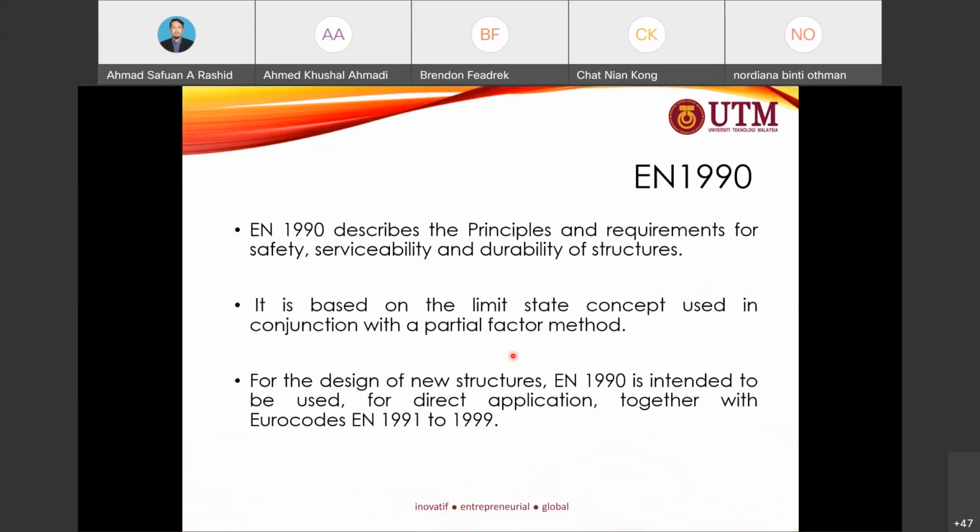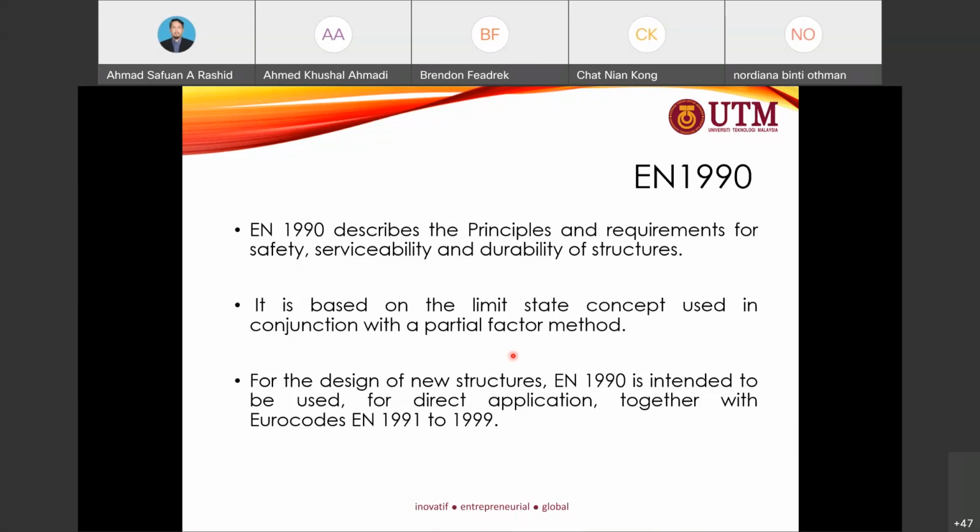It is based on the limit state concept used in conjunction with the partial factor method. For the design of new structures, Eurocode 1990 is intended to be used for direct application together with Eurocodes 1991 to 1999.